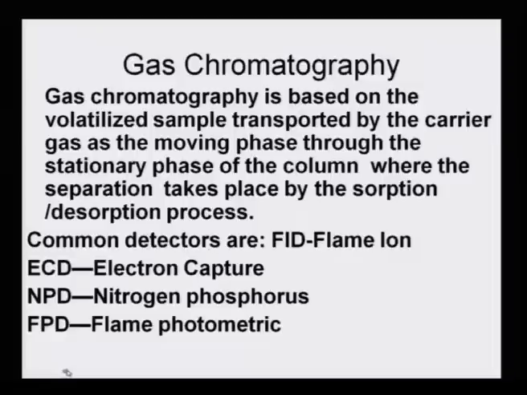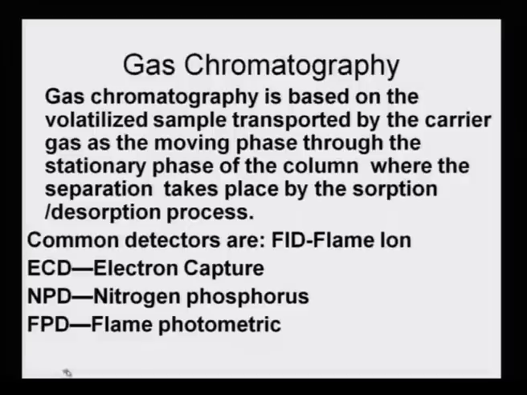Gas chromatography, however, has its own specifications. Gas chromatography is based on the volatilized sample transported by the carrier gas as the moving phase through the stationary phase of the column, where the separation takes place by sorption and desorption processes. They have different detectors, because in the case of separation all the compounds are colorless.